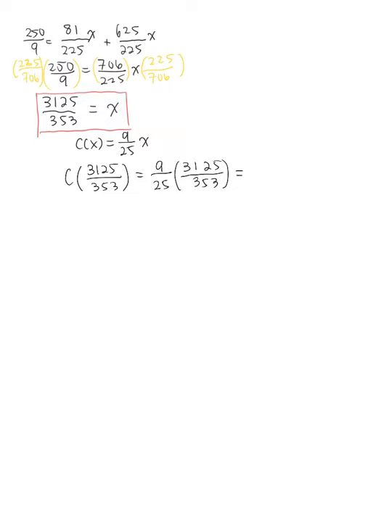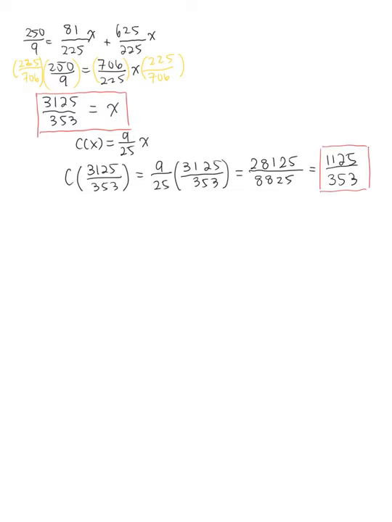On the top, I got 28,125. And for the denominator, I got 8,825. Can I simplify that? Let's try. I think this is all going to be 1125 after you simplify it, the whole thing divided by 353.